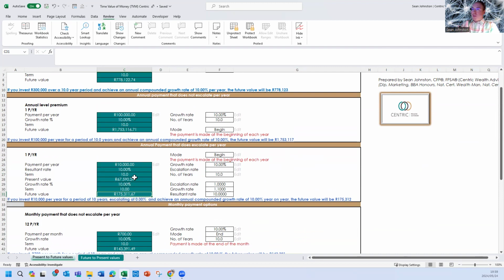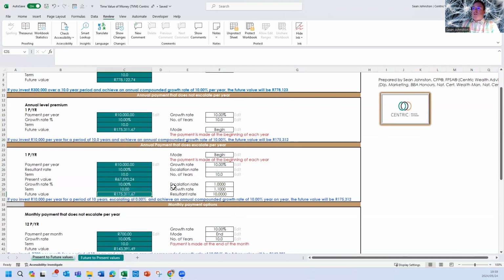You're doing the equivalent of a payment per year without escalations, and you'll see that the future values are identical. However, when you add in contributions, you can now physically see how escalating your contributions per year can result in a higher future value. Just bear in mind, obviously, this is 10,000, that's 100,000. I'll have to go and change this to 10,000 over here. And I'll turn this off.